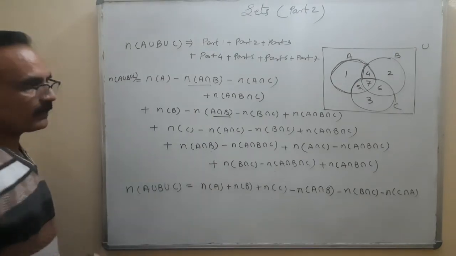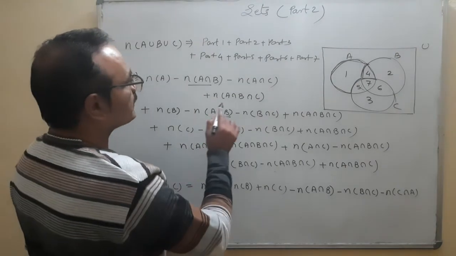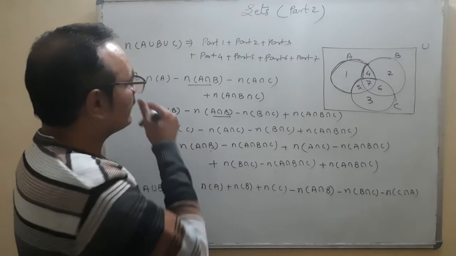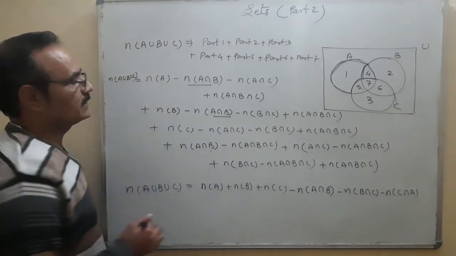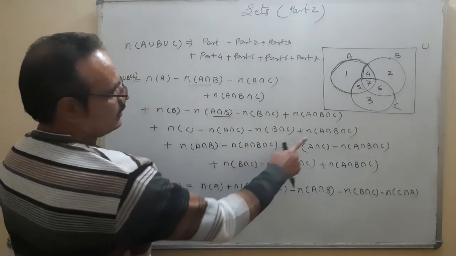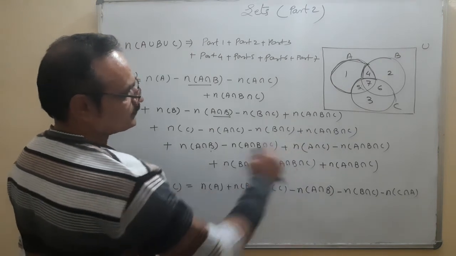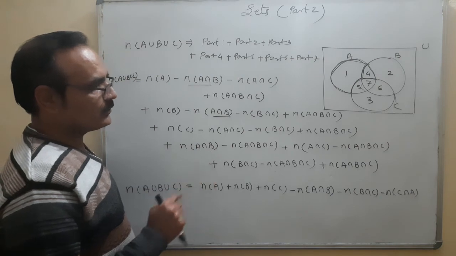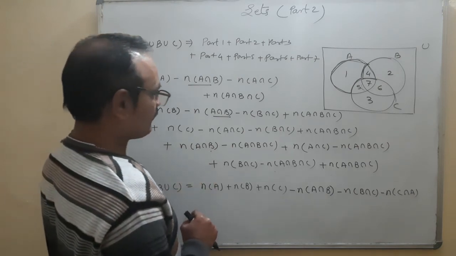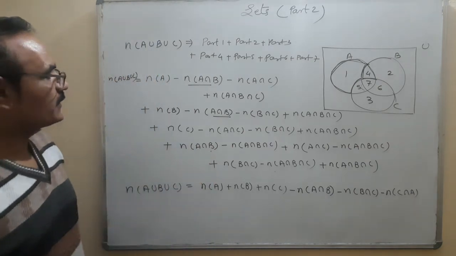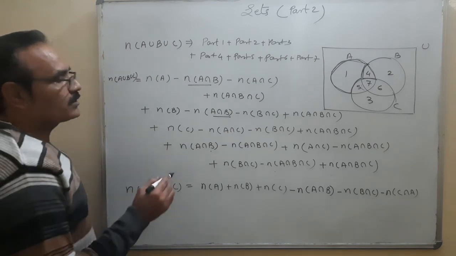After that, coming to n(A ∩ B ∩ C). Let us see how many n(A ∩ B ∩ C) there are. Plus 1 and plus 1, so 3 n(A ∩ B ∩ C). Okay. And after that, total positive I want to check.